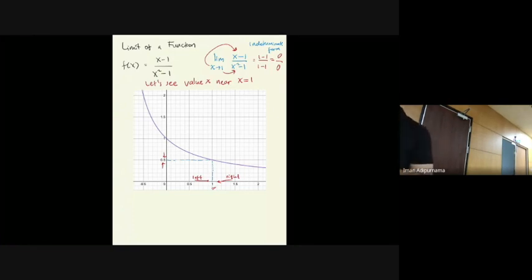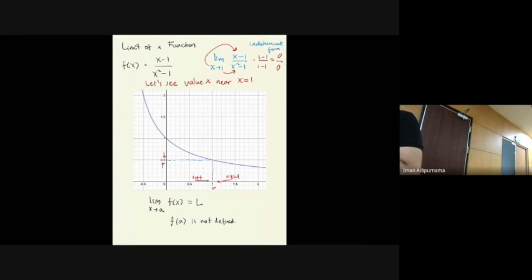So the limit as x approaches a number a of f of x, you can say it has a limit. But maybe when you put a there, it's not defined. But still you have the number, the limit. That is actually pretty important in limit.